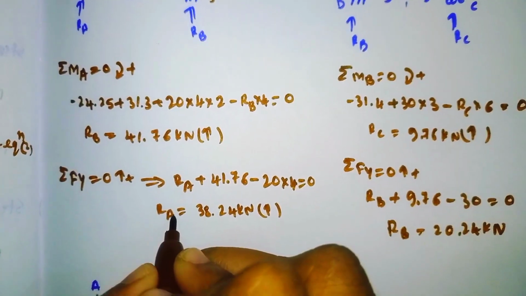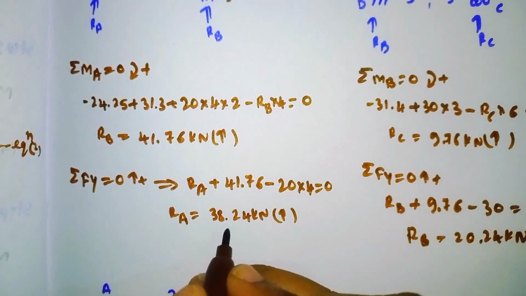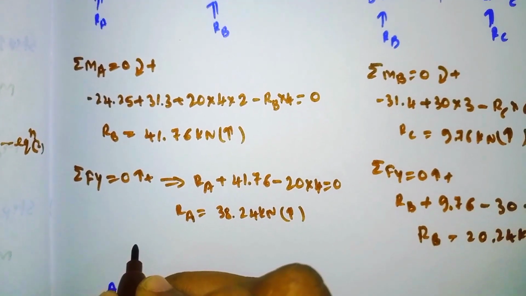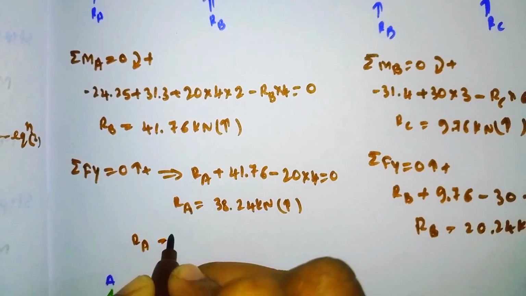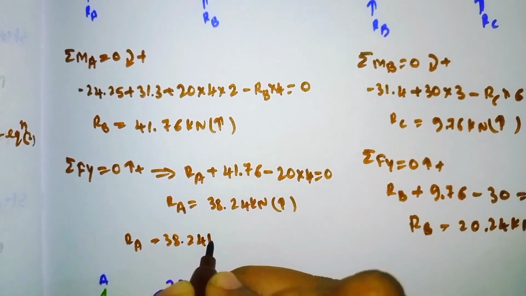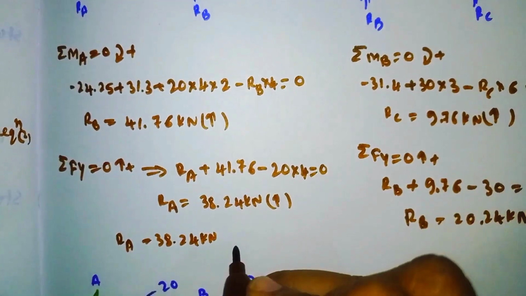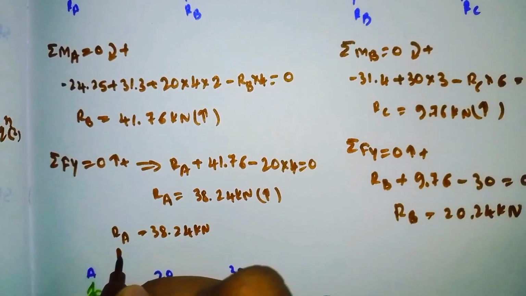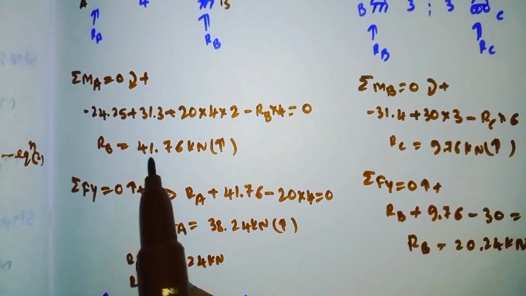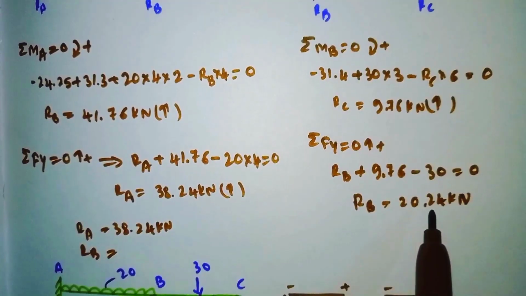So here we have only one RA value. So RA value will become 38.24 kilonewton, and for RB we have two here, 41.76 as well as 20.24.